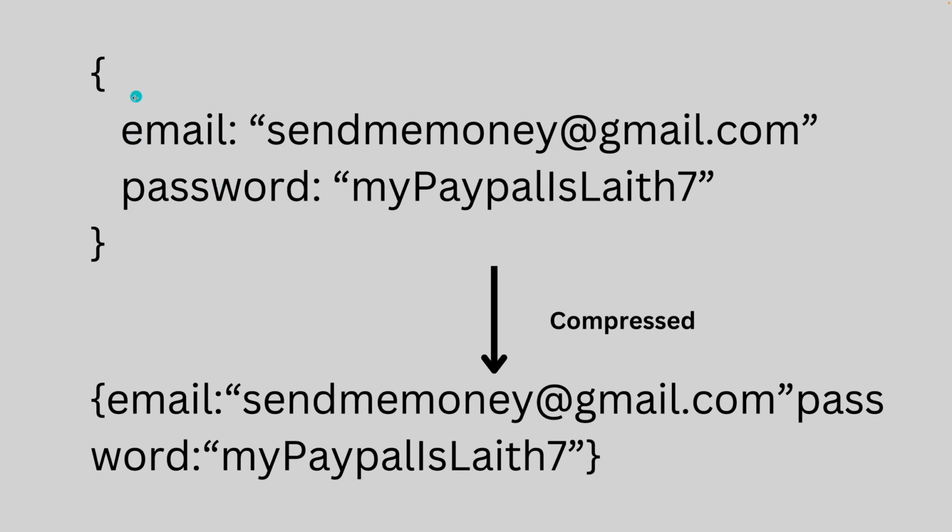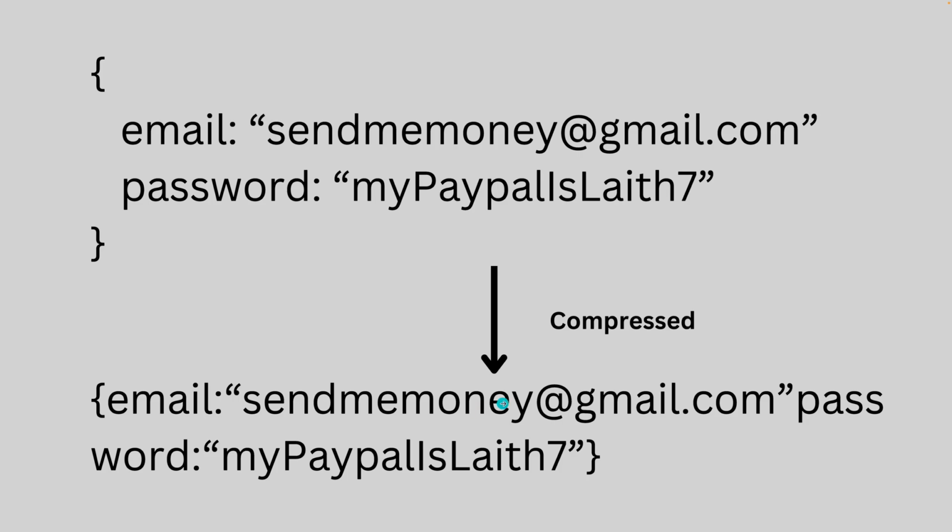As you can see here, there are a lot of spaces. There's a space here, here, and here. All of this is fine for us; it makes it nice and readable, but it just takes up more space for the machine. So it compresses it and removes all of the spaces. Now it's just one big line of JSON.